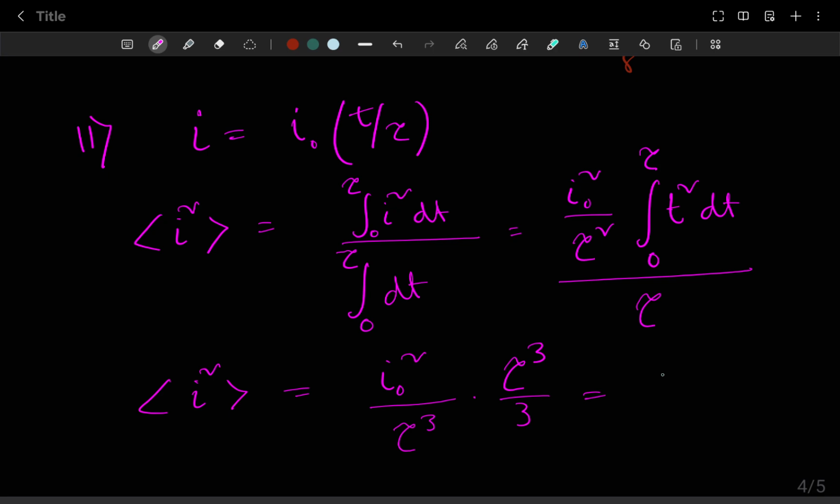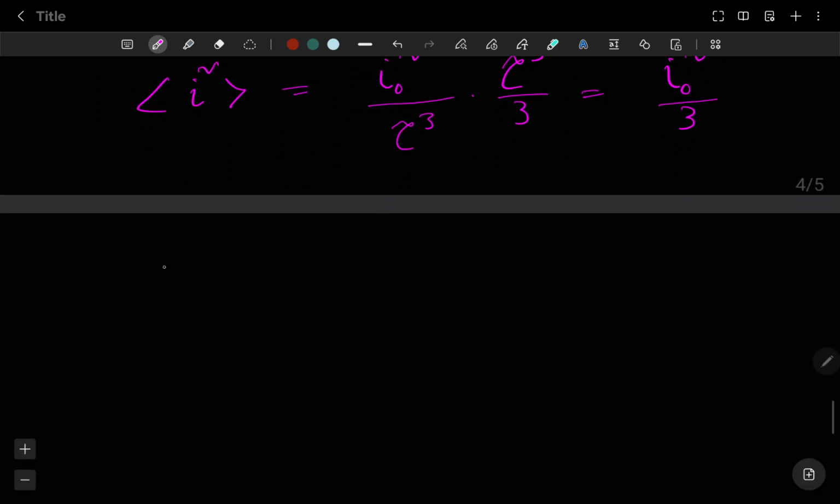So it is I0 square by 3. So the RMS current will be the root of the mean square current, root of I square average. So it will be I0 by root 3.